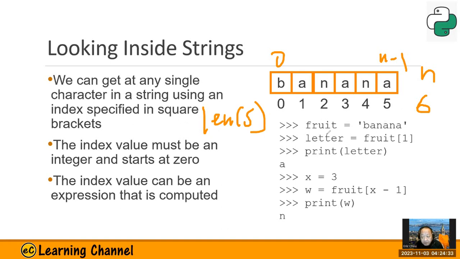For example, if your variable is called fruit, len of fruit tells you the string is 6 long. If you assign fruit at index 1 to letter, and print letter, you get A. When x equals 3, x minus 1 equals 2, and you assign character 2 to W. W is an N symbol.